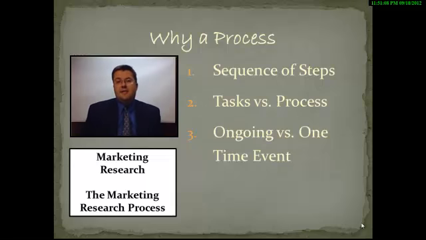We look at the idea of task versus process. A lot of times when we look at the idea of a process, we're thinking of a continuous thing that's going on over a period of time. A task is a one-time shot. And we really aren't committed to marketing research and really aren't committed to improving our organization if we're only doing it when we see that there's a perceived problem.